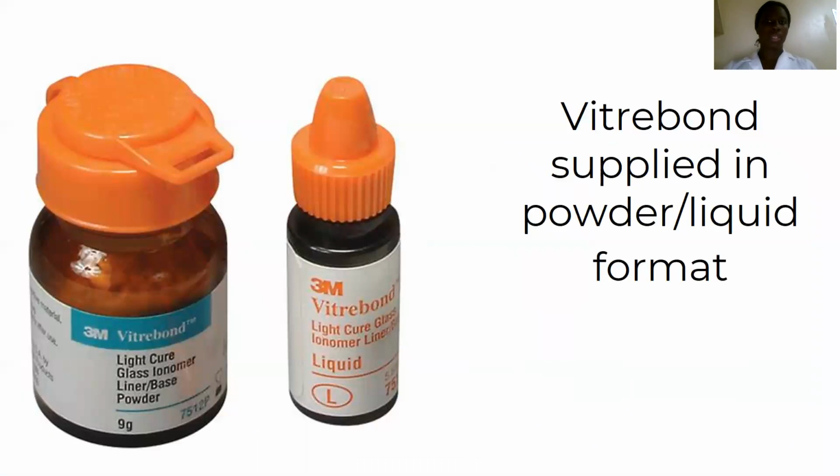Now this is a picture of the Vitrebond product, which is supplied in powder and liquid format, and it would have to be spatulated by hand when powder and liquid are dispensed. The liquid polyacid component includes a photopolymerizable resin that hardens the material to a great extent when the material is being cured by light.